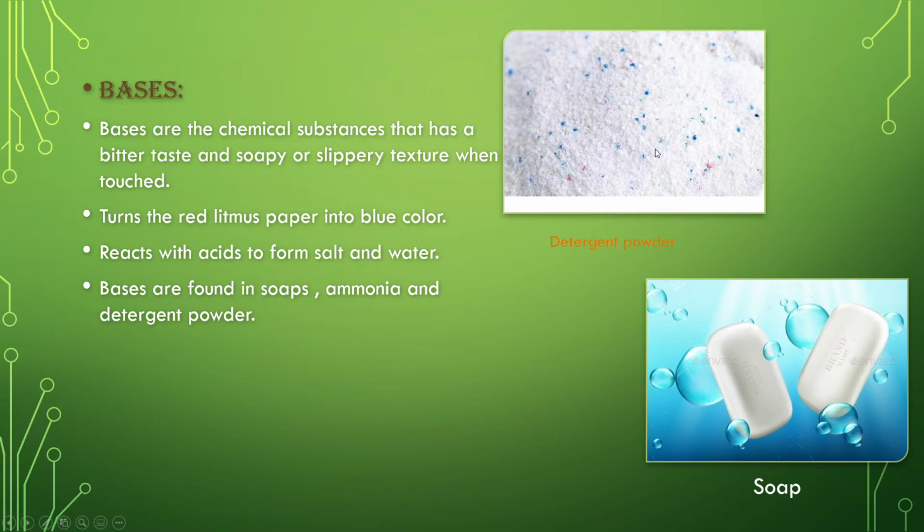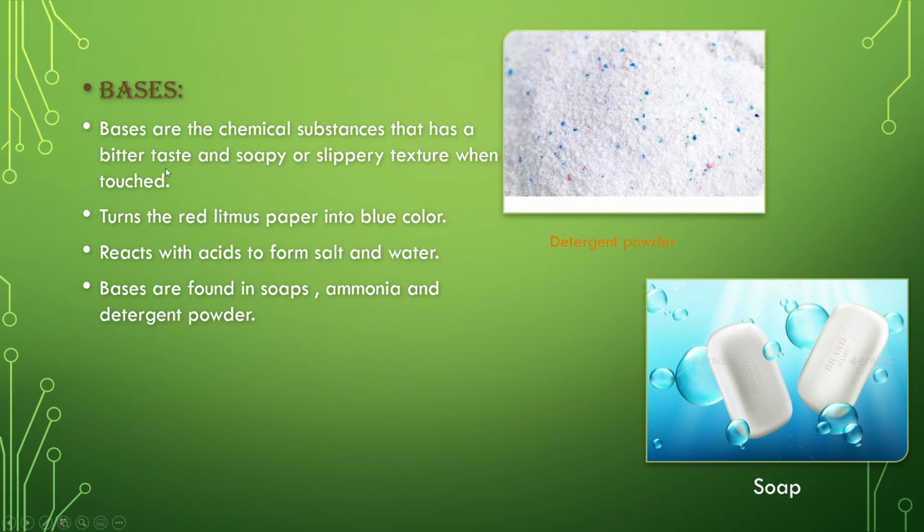If you take a small amount of detergent powder with water, you can see that it is slippery in nature. So what is present within this? Different types of bases are present within soap and detergent powder.